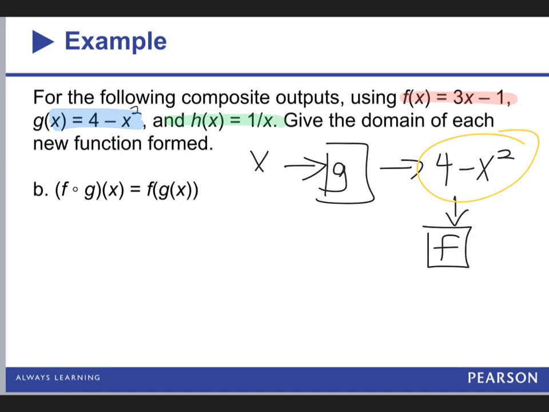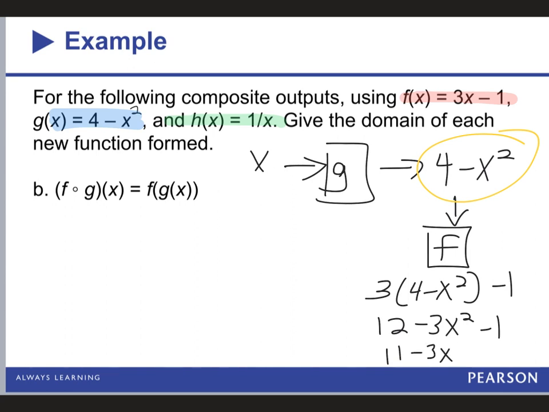So I need to take and multiply 3 by 4 minus x squared. That was the output from g, and then I'm going to subtract 1. So simplifying this, we have 12 minus 3x squared minus 1. And so this is going to be 11 subtract 3x squared. And that will be our final answer. 11 minus 3x squared would be the f of g of x.